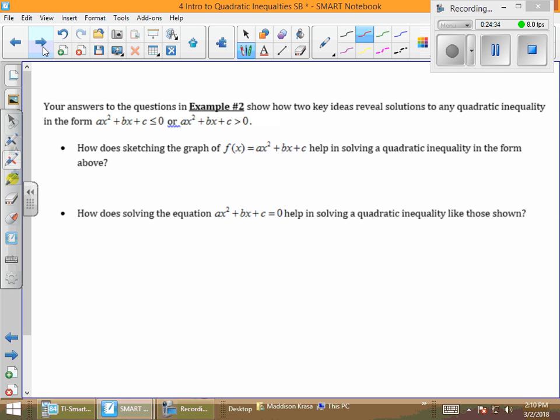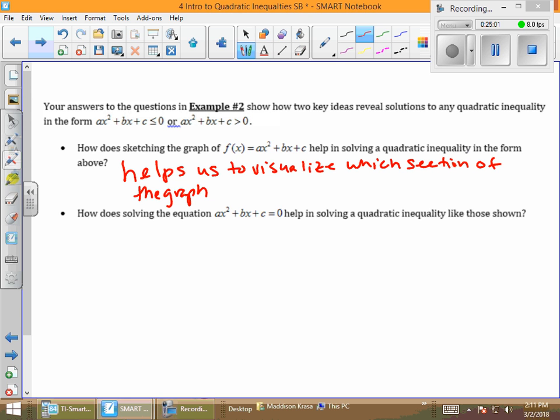Yeah, it helps us to know, okay, if we're talking less than, then we're talking below, right? If we're talking greater than, we're going above. So it helps us to visualize which section of the graph we are looking at.